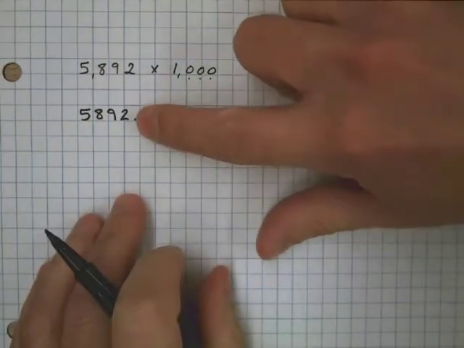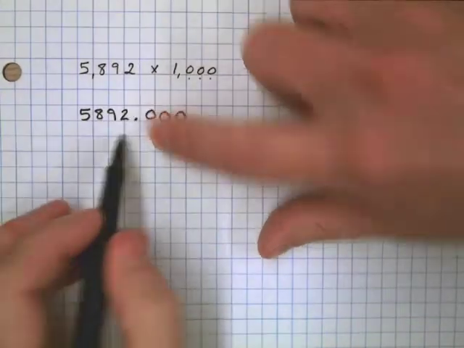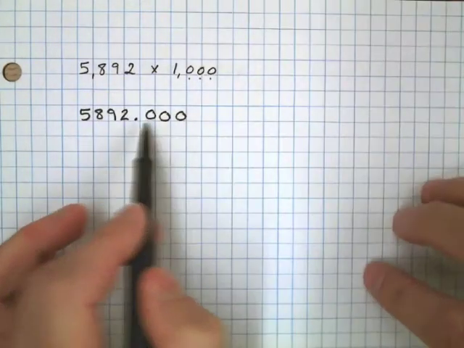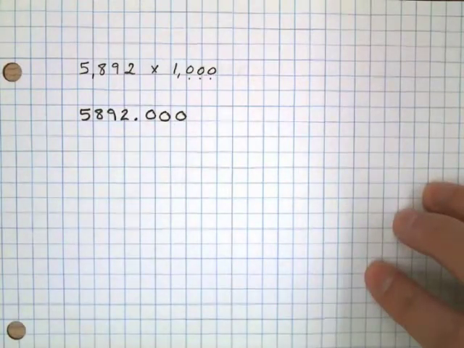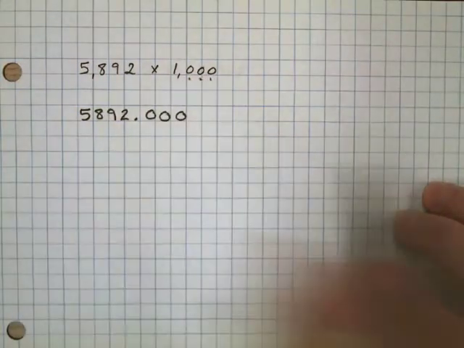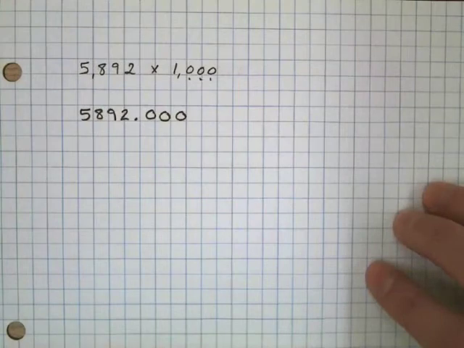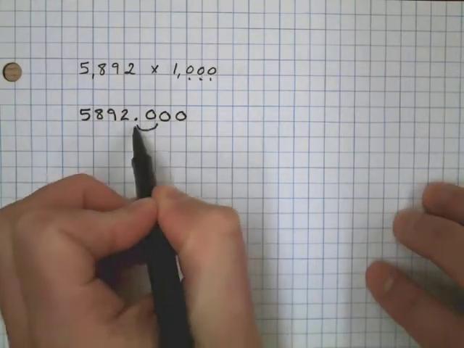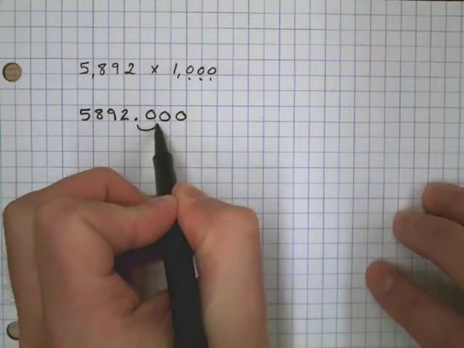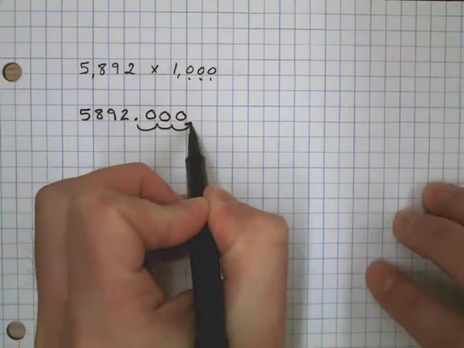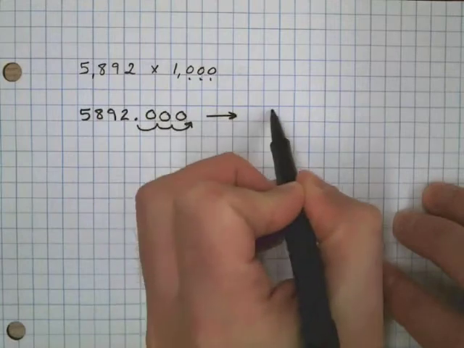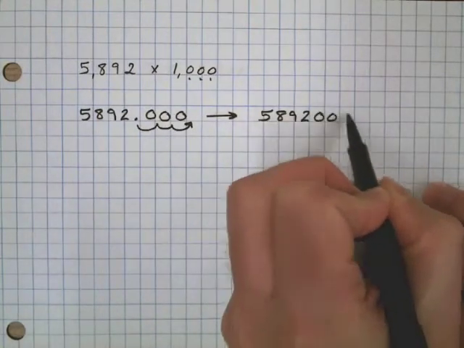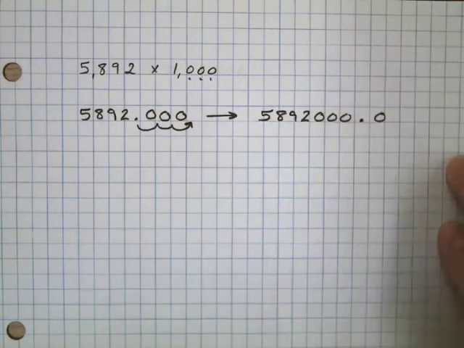Right? 5,892 is the same looking at it like this or looking at it like this with the decimal place and zeros there. So if I'm multiplying by a power of 10 that has 3 zeros on it, I can move this decimal place over 3 places to the right. 1, 2, 3. And when I do that, I end up with this. And there's that decimal place.